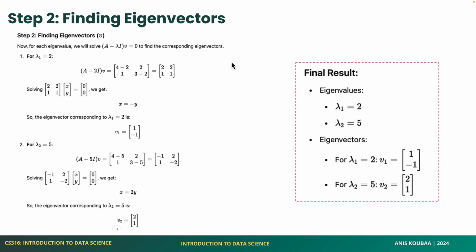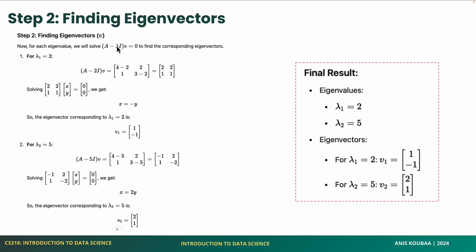Now, when we find the eigenvalues, we can find the eigenvectors. How can we do that? For each eigenvalue we will solve A minus lambda I times V equal to 0, where V will be the values that we are looking for. We don't know what these values are. So it's another equation system that we need to solve. Here, for example, 4 minus 2 results in this matrix, 2, 2, 1, 1, multiplied by x and y. x and y are unknown.